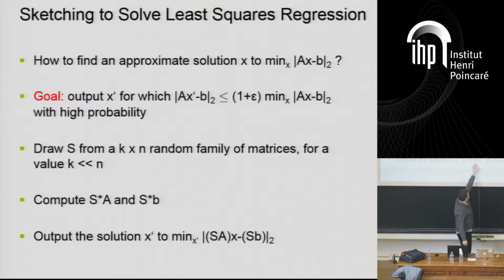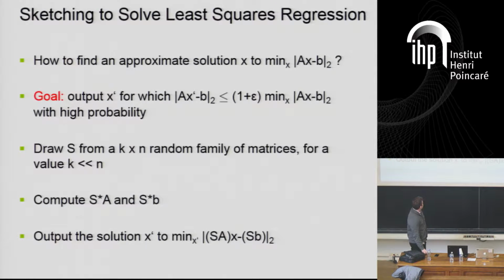And now you can just solve this least squares problem exactly using the formula that I just described. And now it's efficient because I multiply this wide fat matrix S by A, this tall thin matrix, and I squash it to a roughly small square matrix. And I also reduce the dimension of b from n down to k. So this is the sketch and solve paradigm.